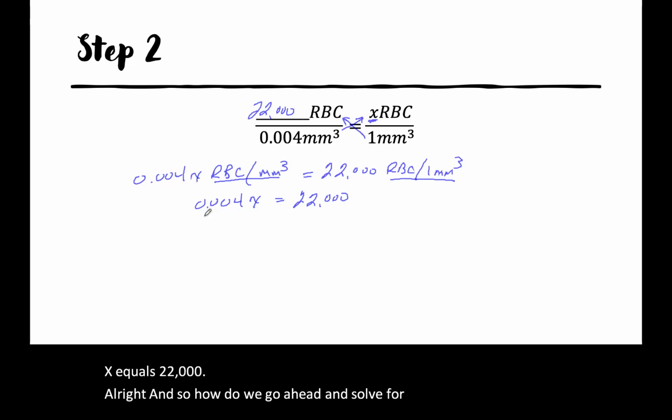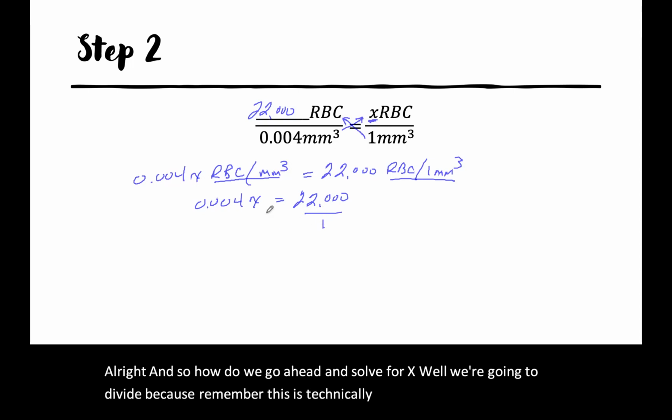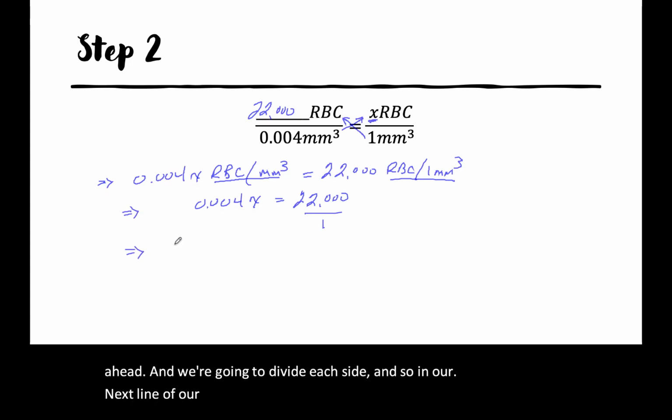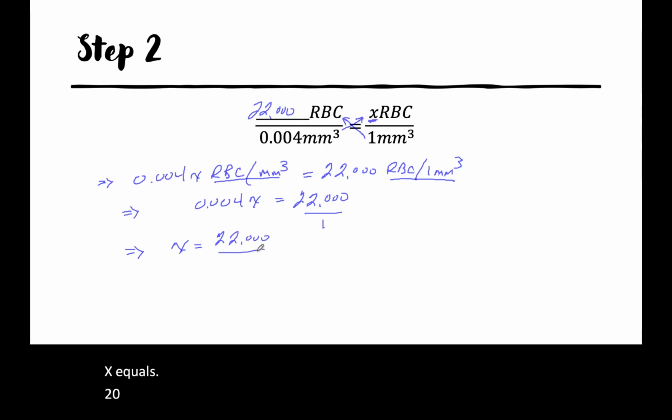Well, we're going to divide each side, because remember this is technically over 1. And so in the next line of our equation, what we're going to have is x equals 22,000 divided by 0.004.